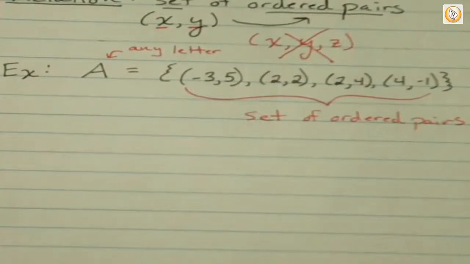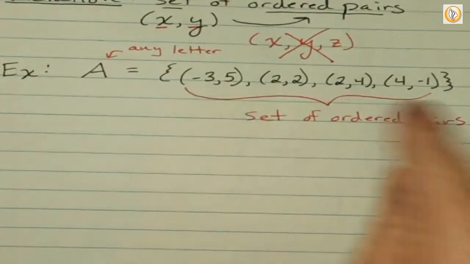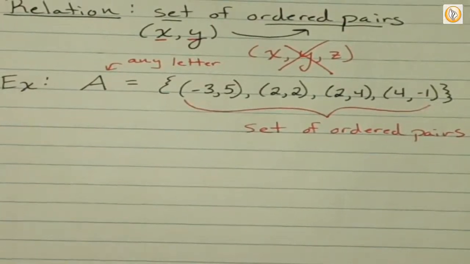Okay, so each of these is an ordered pair. A group of them is a set of ordered pairs. That is what a relation is. There you go.